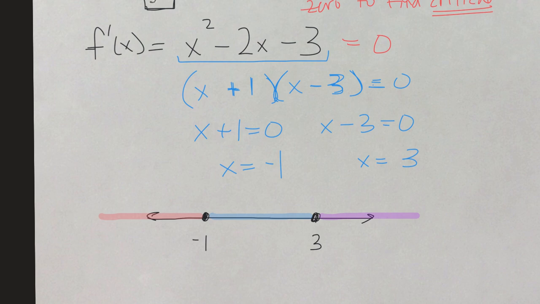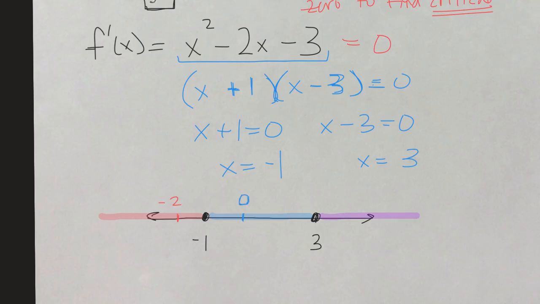So what we're going to do is pick any number you want in that interval, and evaluate the derivative at that point. Let's pick some easy ones. Maybe we'll pick -2. That's on that interval. What's between -1 and 3? That's nice and easy, 0 or 1.